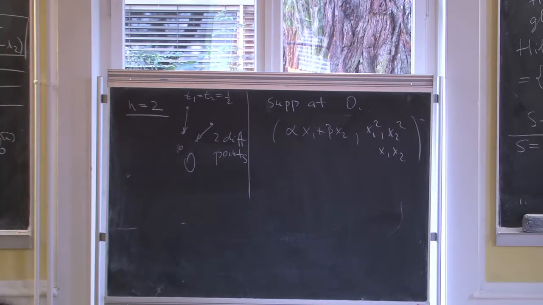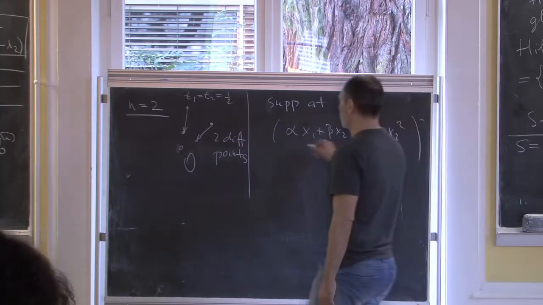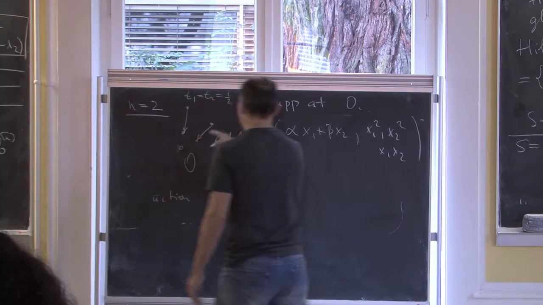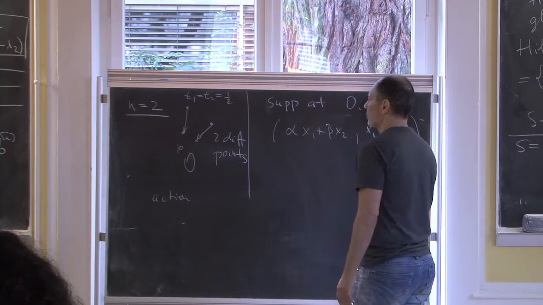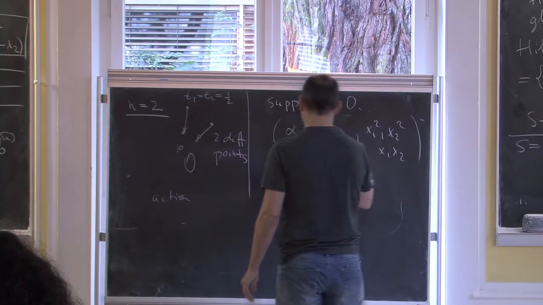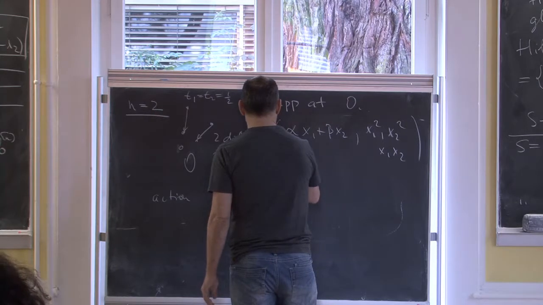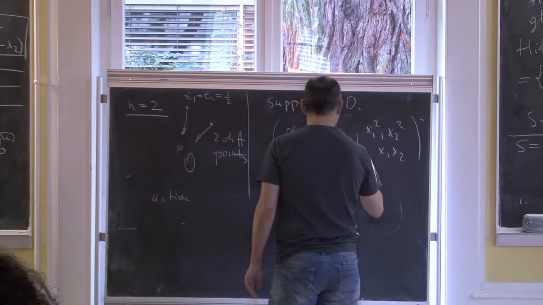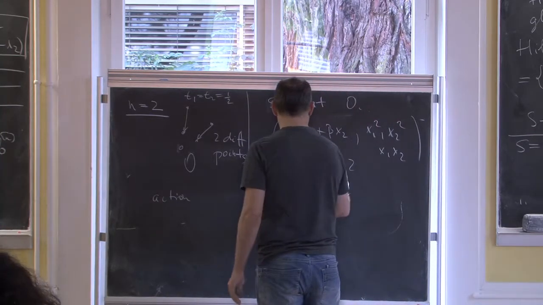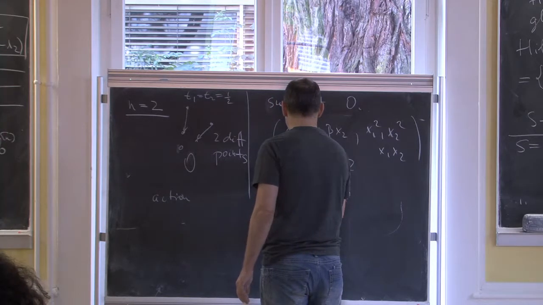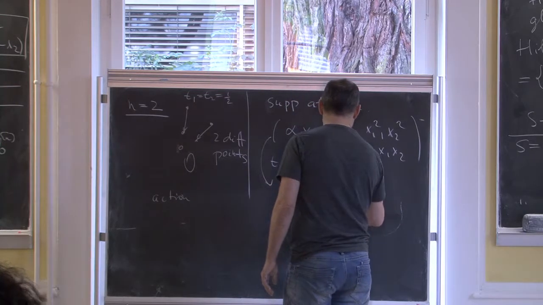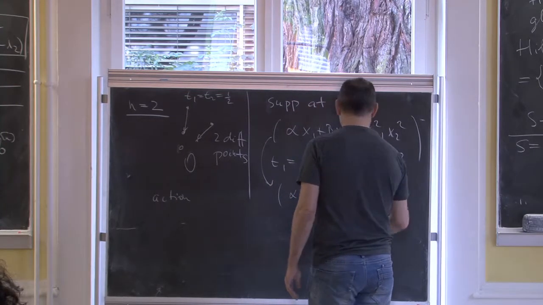Okay, and so it's very clear what's happening here. Again, I just want to see what the action looks like, right? That's what I'm looking at. So the action here, for example, say T1 is 1 and T2 is 2, then the action is just going to be carried to alpha x1 plus beta, so I guess the weights are the opposite, so I have to divide by 2.